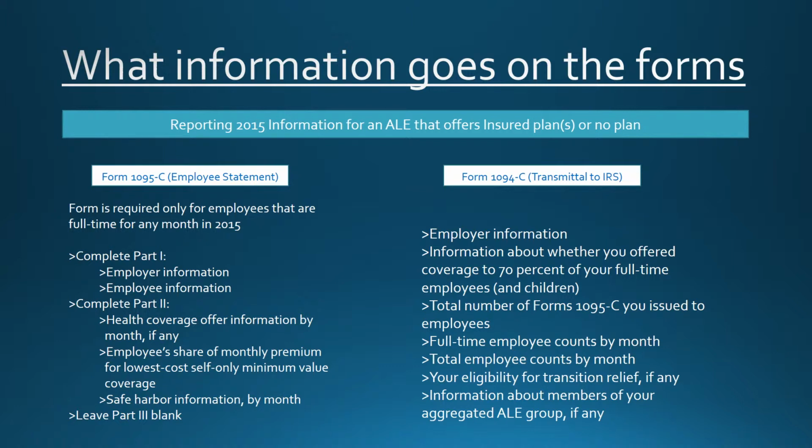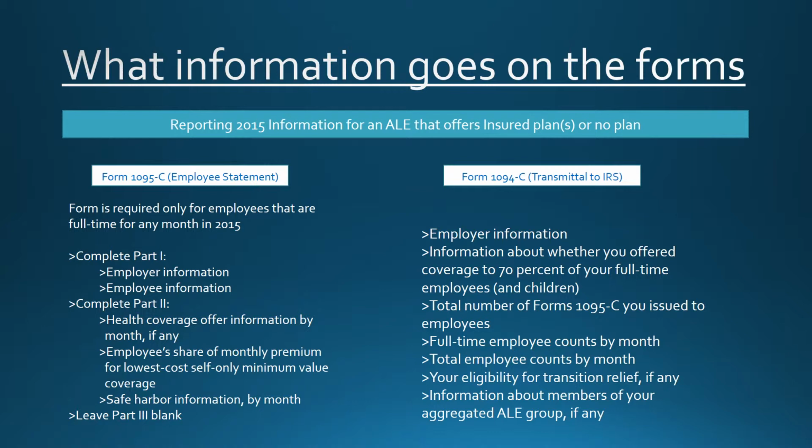Part 1 includes employer and employee information such as the employee's name, social security number, address, the employer name and EIN, address, and phone number and name of a contact person the employee or recipient can contact if they have questions about the information reported on the form. Part 2 includes the health coverage offer and coverage information by month.